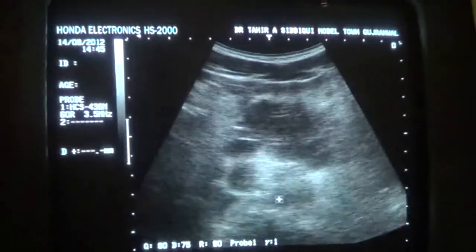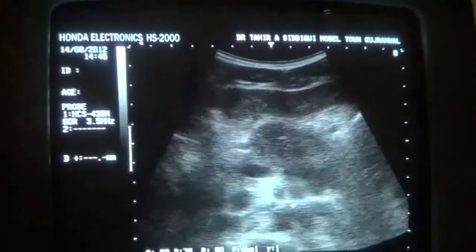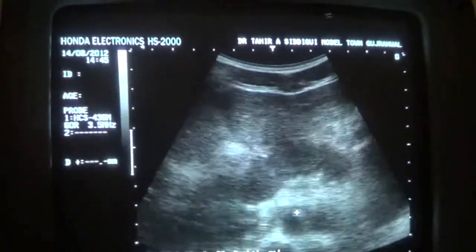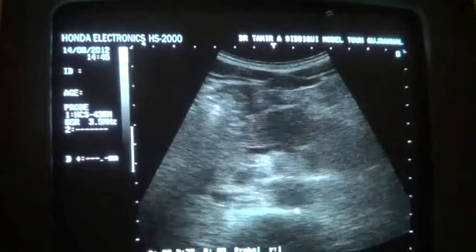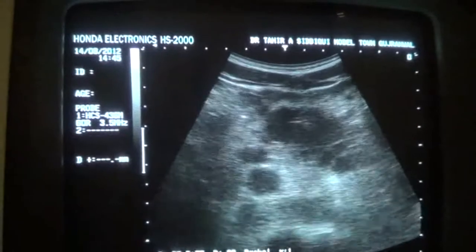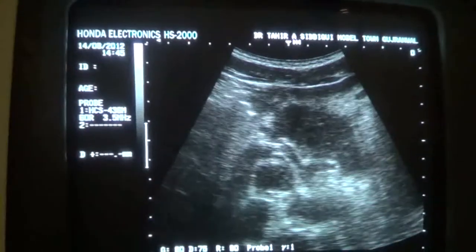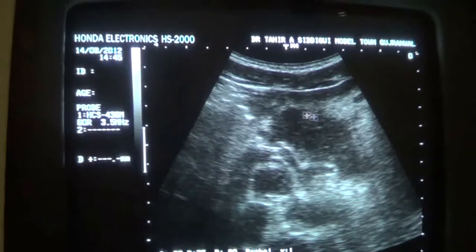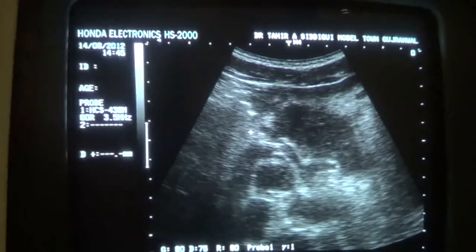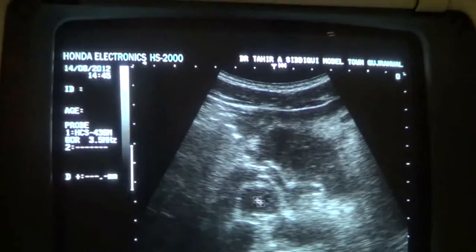So there are multiple lymph nodes seen. Now pancreatic tissue is here. When I move the probe anteriorly, I see a distinct hypoechoic area which is an enlarged lymph node. What about this area? This is an enlarged lymph node.